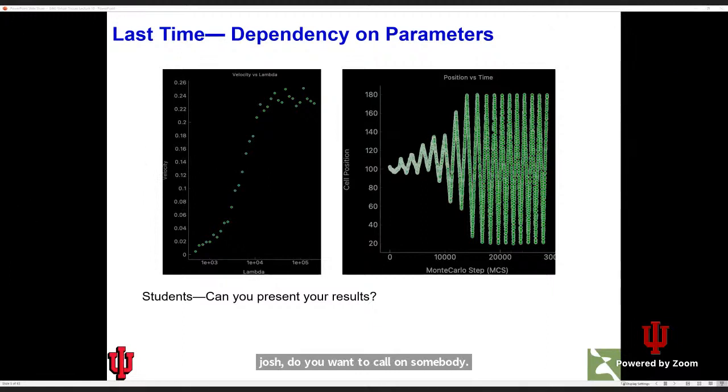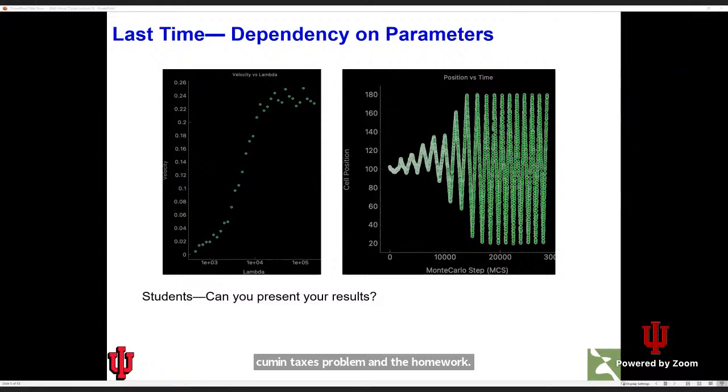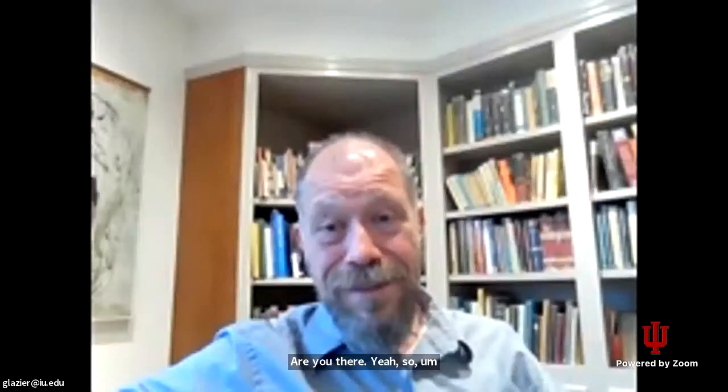Maybe Jeffrey or Fambo can show some of their results. Are you willing to show some of your results for the chemotaxis problem in the homework from last week? Fambo, are you there? Yeah, so I'm just finding the homework.